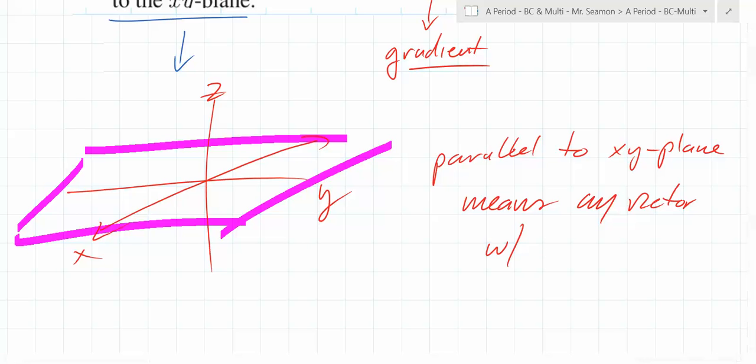What is the z component? With k component equals 0. I'm going to be precise here. Does that kind of make sense? If you have lots of different vectors pointing in different directions, they'll all be parallel to the xy plane as long as it's not going up or down. We good with that? Yeah.